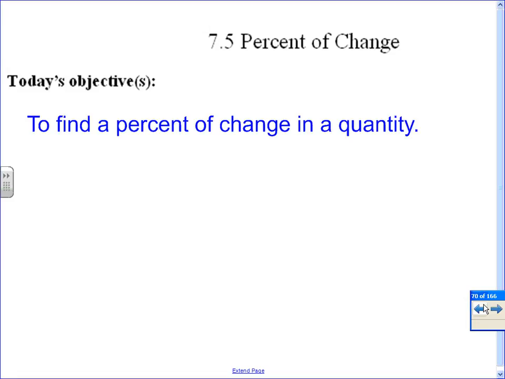So can someone kind of clarify that for us? What's the difference between wholesale and retail? Just to make sure everyone's clear before we go into this. Briar?